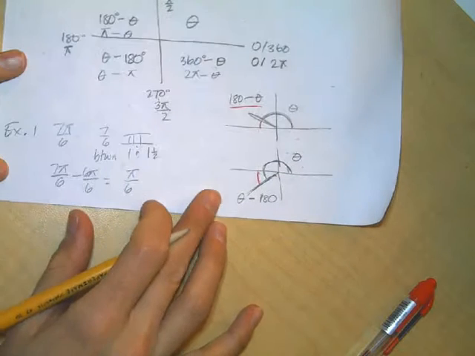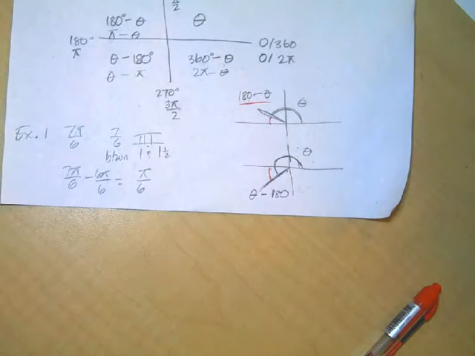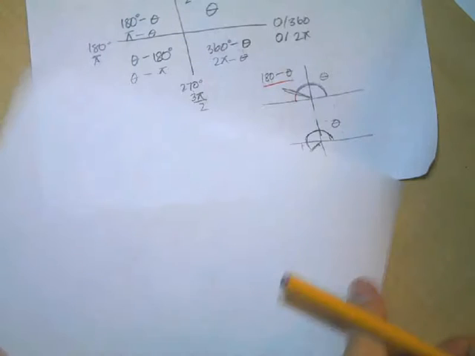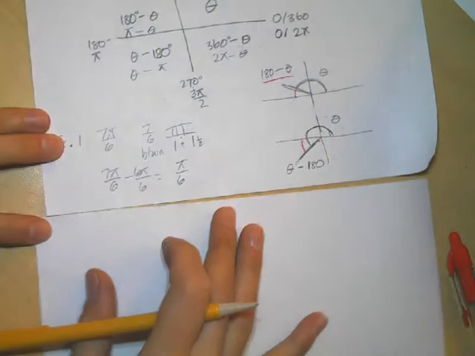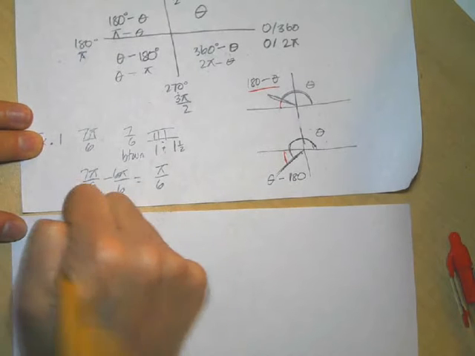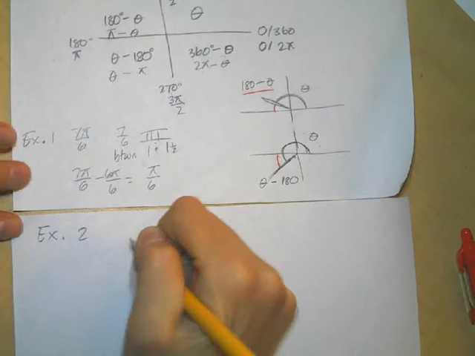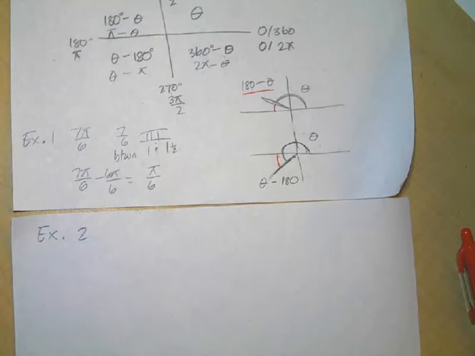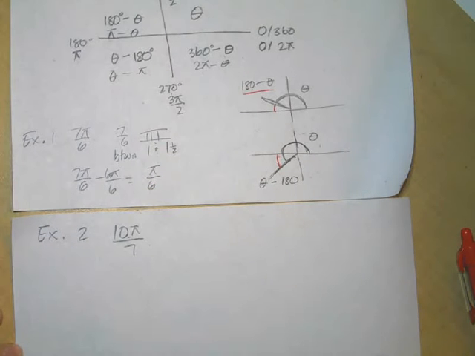Let's say we have another example. Let's say our example is 10 pi over 7. Okay, so I'm going to look at 10 sevenths.